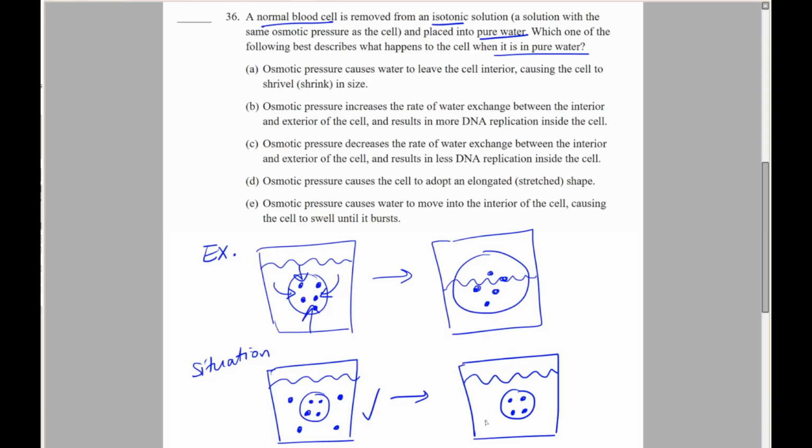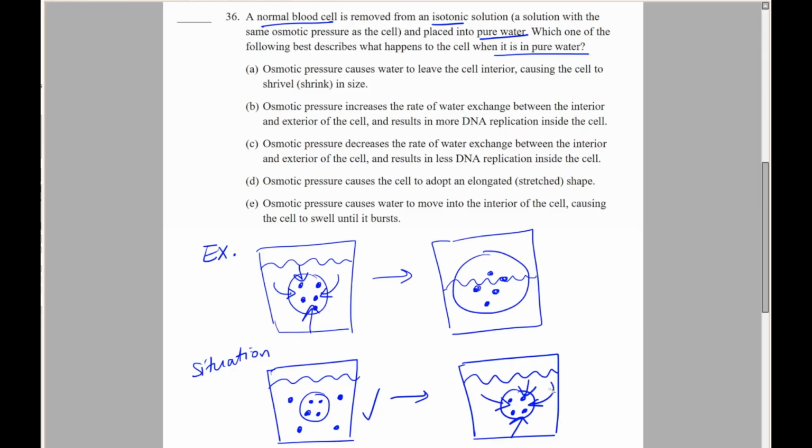It's just water. So in this case, it's similar to our example, where if you have a bunch of water around the cell, which is less concentrated than the solutes inside of the cell, the water is the only thing that can move. So the water is going to rush into this cell in order to balance the concentration between the cell and the surrounding water.